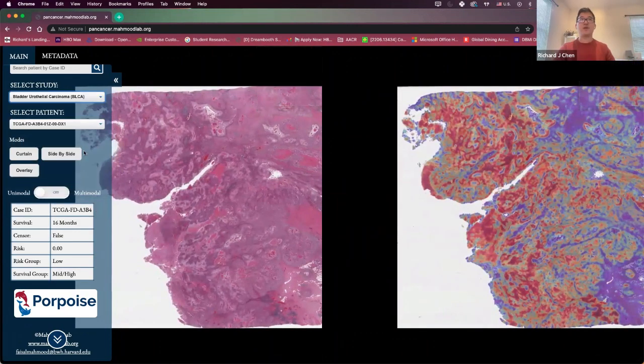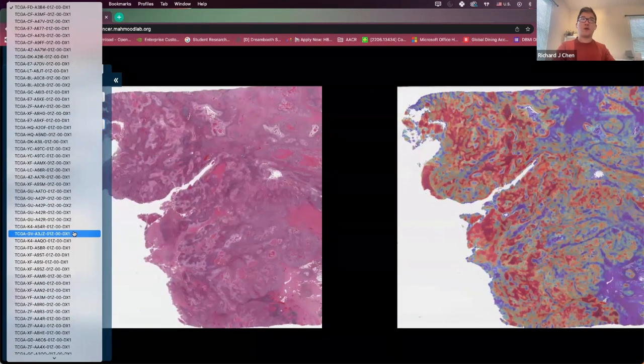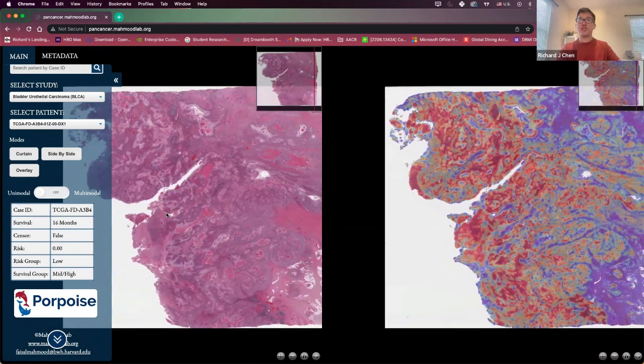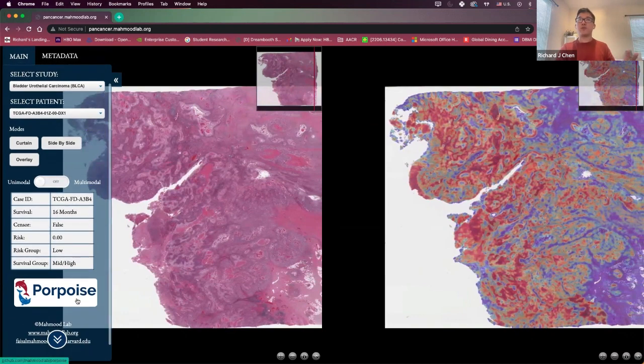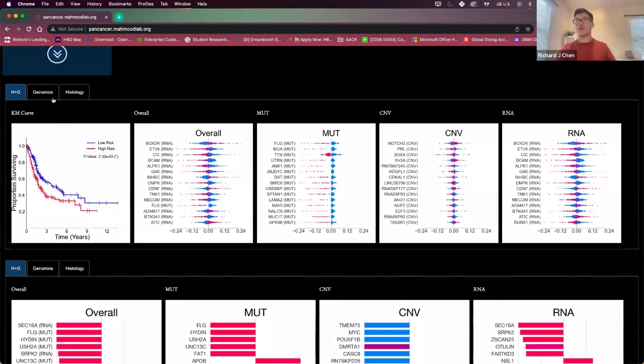So overall, this platform has 14 cancer types. It has patients from all the different validation folds, and it shows local interpretability, which is the interpretability for an individual patient, and global interpretability, which is across the entire cancer cohort.